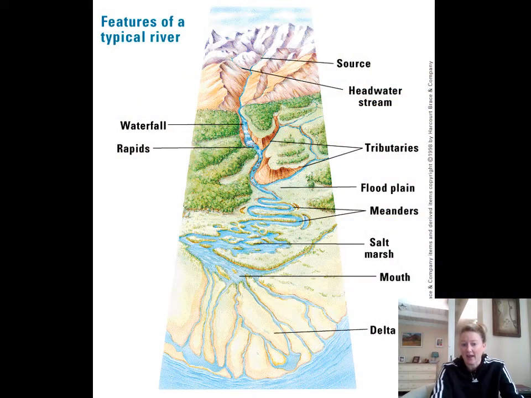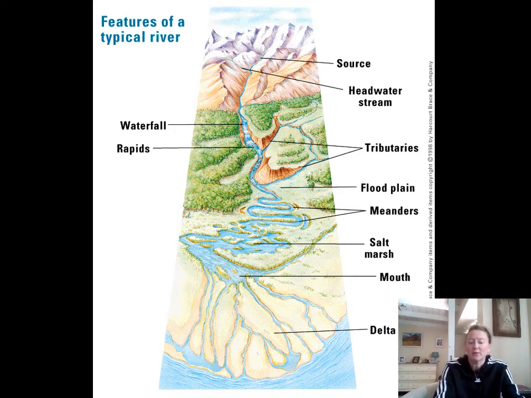So take a look at this graphic. These are some of the features you should probably know about a river. Wherever the river starts, we call that the source. That's the source of the fresh water. We can also call it the headwaters. That's like the start of the fresh water. The source will trickle down with gravity, and it will usually go into smaller creeks or streams, and we call those tributaries.